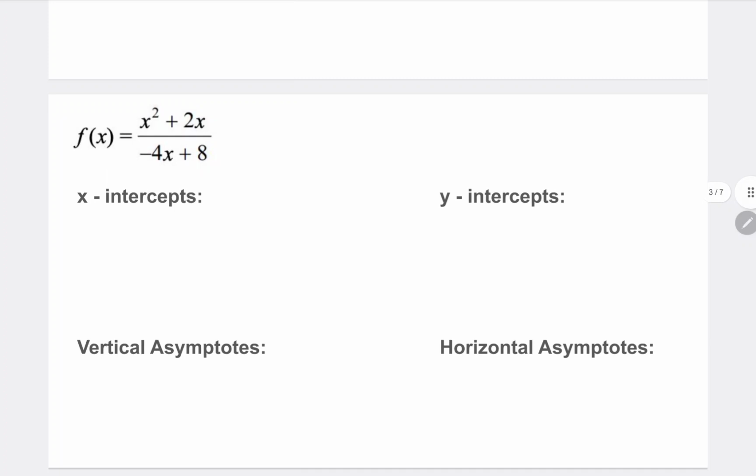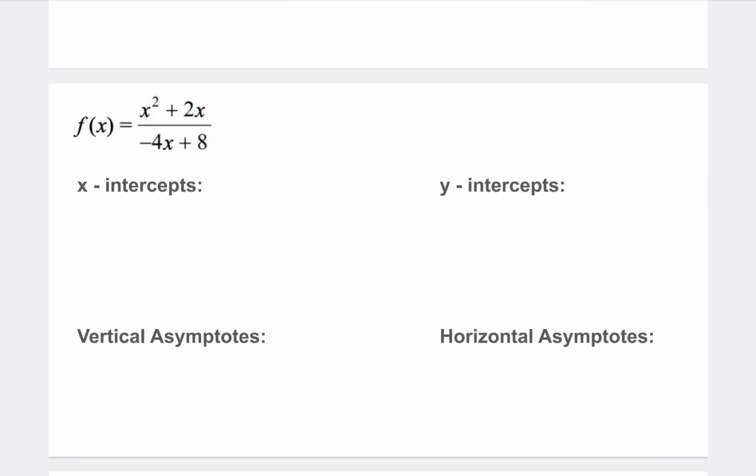So let's talk about how to find each piece. We'll do one at a time, starting with x-intercepts. X-intercepts always happen when y is 0. You're looking for the x value that makes the y value 0. So to find the x-intercepts, you're going to plug in a 0 for y.